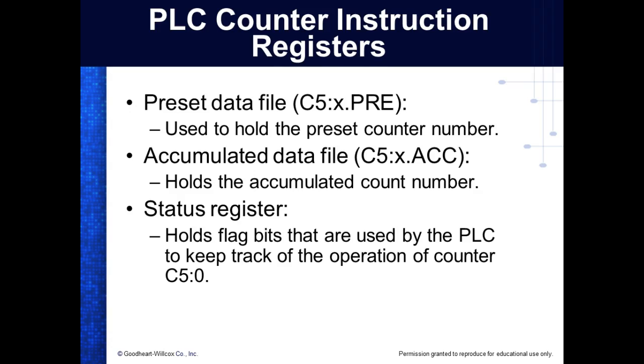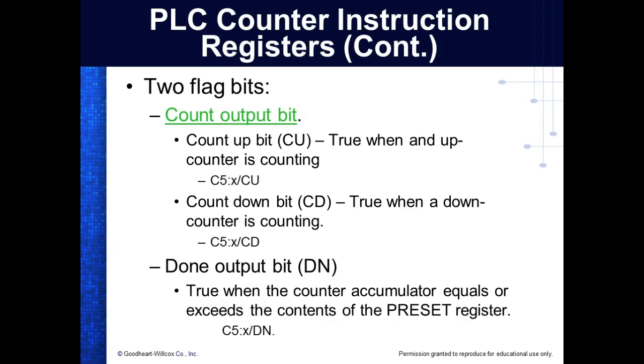The status register holds the flags that are used by the PLC to keep track of the operation of the counter. We've got some weird things coming on here, and we'll look at this in a second.